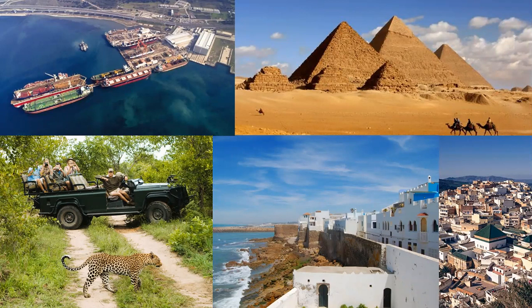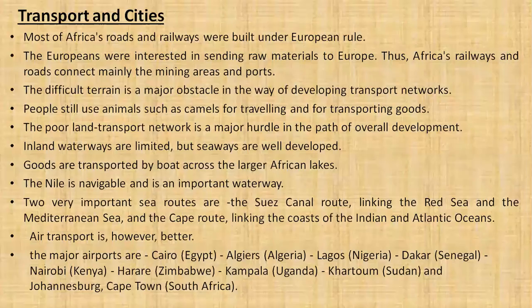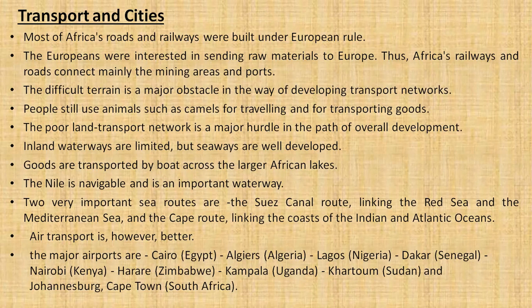Now we are going to look at transport and cities. Most of the African roads and railways were built under European rule, but they are not sufficient. The Europeans were interested in sending raw material from Africa to Europe.